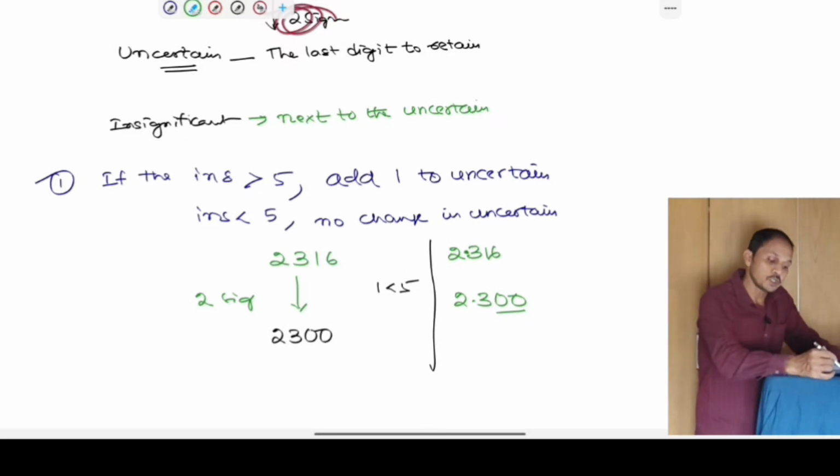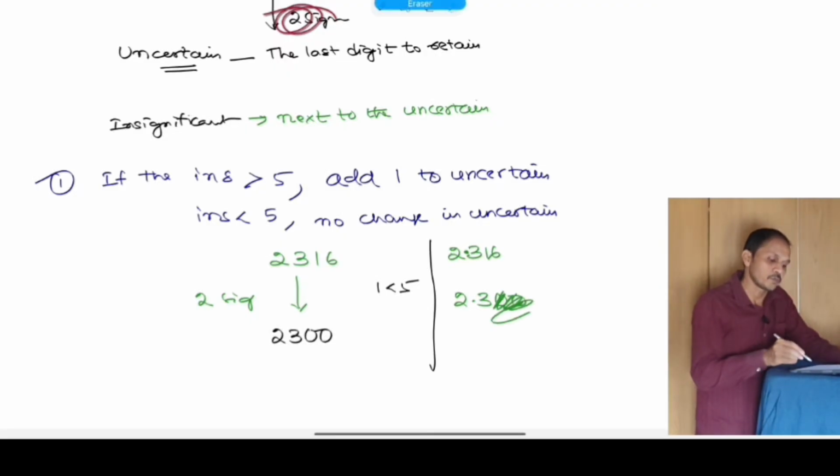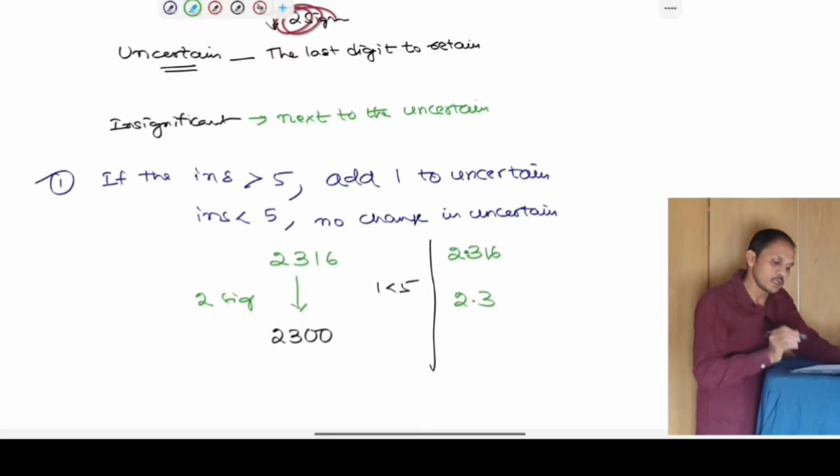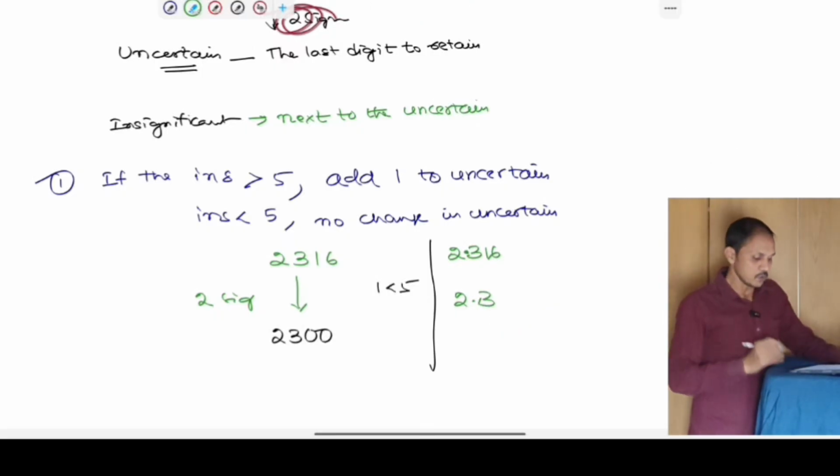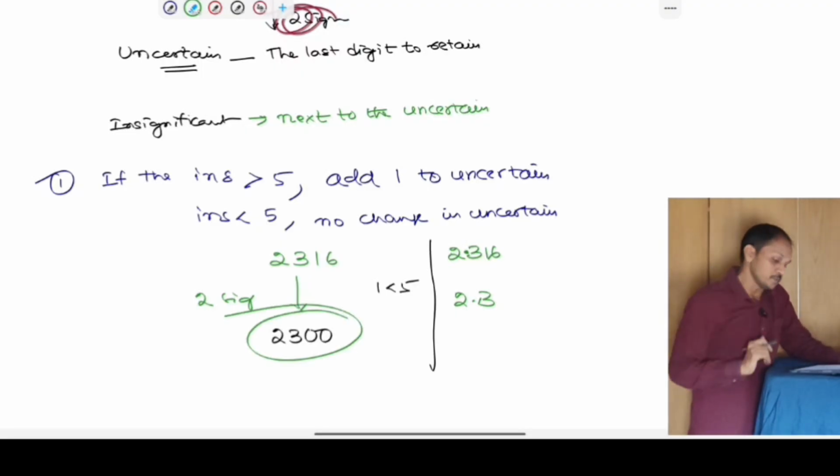Now you are writing 4 significants, but we want only 2. So remove these 2 zeros. Don't write them. So write only 2.3. So remember this. After removing the extra digits, if there is a decimal, completely remove them. If there is no decimal, replace them with zeros, like the first number, right?